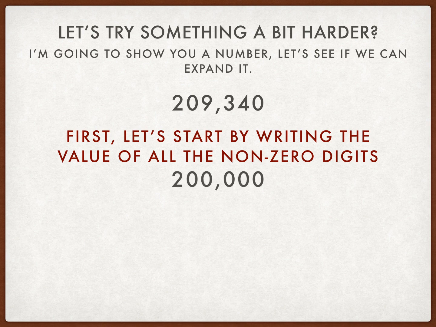We know this because the 2 is in the 100,000 spot. The 9 is actually worth 9,000. We know this because the 9 is in the thousands place. The 3 is worth 300 because the 3 is in the hundreds place. And the 4 is worth 40 because the 4 is in the tens place.